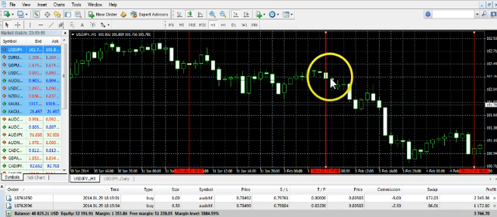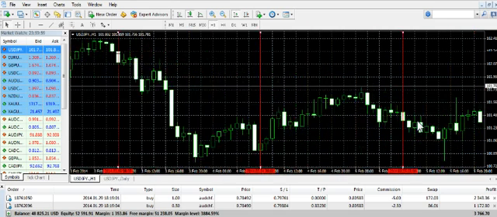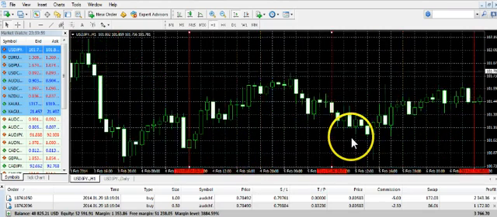We've got the dollar yen. It makes the high of the day there and it falls. Again, the next day it's the low and it went up through the day.